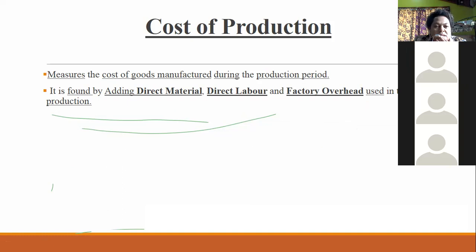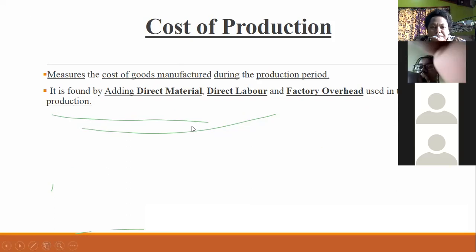Second point. How do we calculate cost of production? It is found by adding direct material, direct labor, and factory overhead used in the production. Welcome to cost accounting. There are new vocabularies in the bag today that we have to explore.